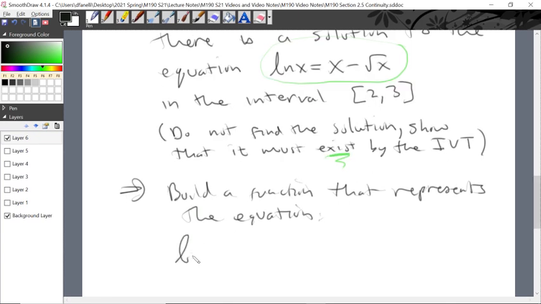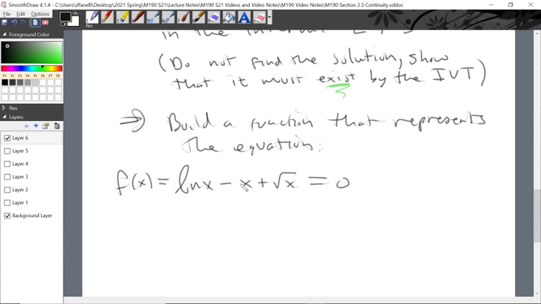So the same equation can be written this way: natural log of x minus x plus the square root of x is equal to 0. I've just moved everything to one side. It's still the same equation. The solutions to this equation would be the same as the solutions to the original equation. And now let's call this left-hand side f of x. We have now built a function that represents the equation.